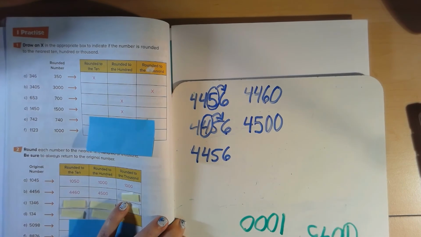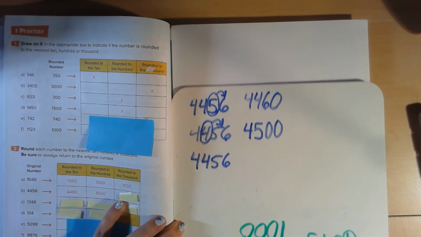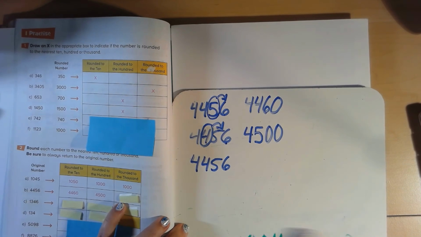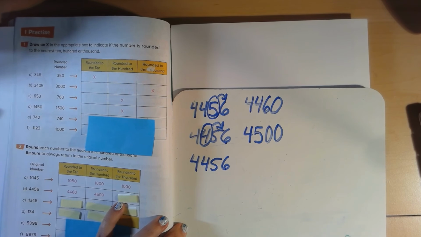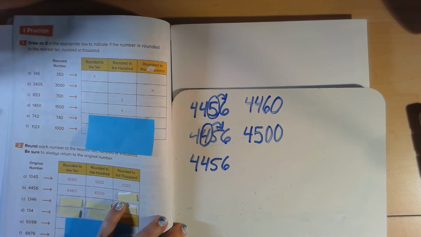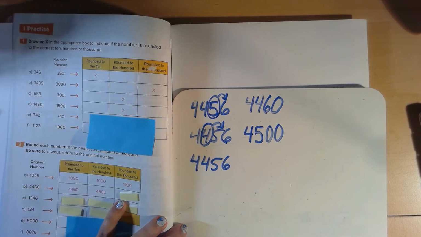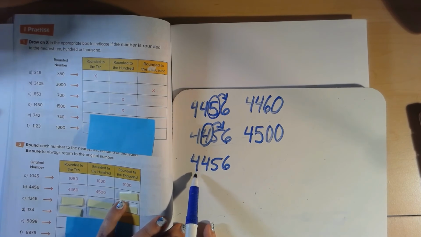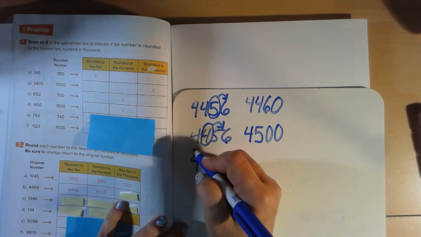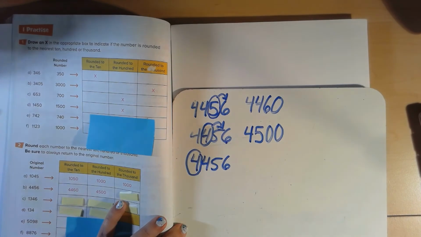4,456. Let's round it to the nearest 1,000. So, what do I have to do? Louder! What number am I circling? A 4? This 4? The hundreds or the thousands? The thousands, because I'm rounding to the nearest 1,000.